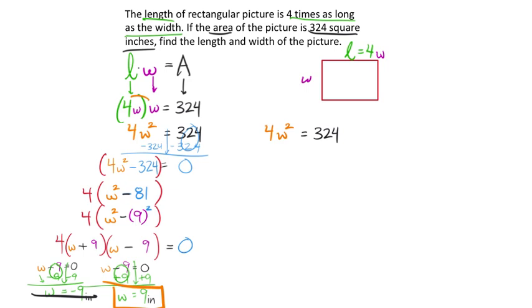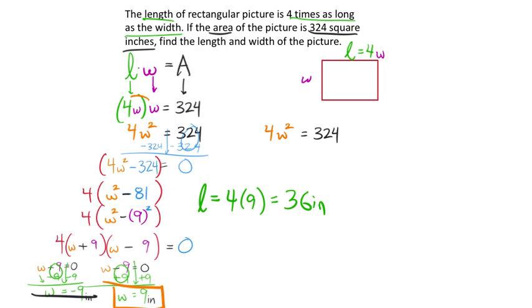But here's what we know. The length of the rectangular picture is 4 times as long as the width. So if I'd like to find the length, which I do want to find, all I have to do is take 4 and multiply it by the width, which we now know is 9. And we get 36 inches. Inches, not square inches. And again, I'm just going to go to my calculator and type this in.